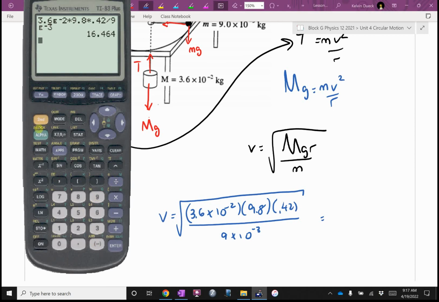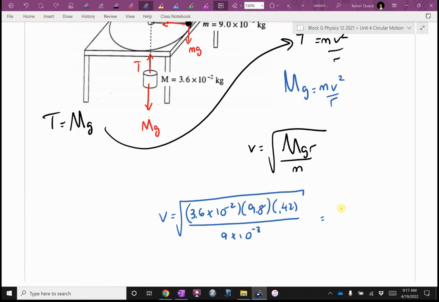Oh, square root. Did I make a typo at all? Looks good. You get 4.06 meters per second.